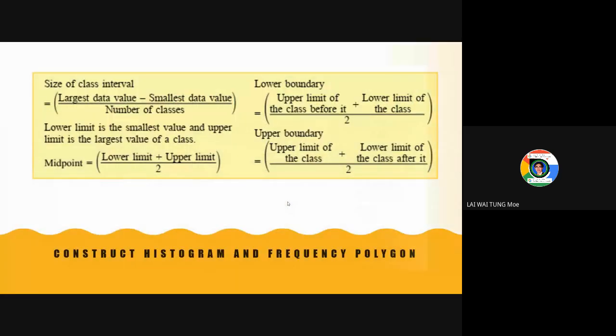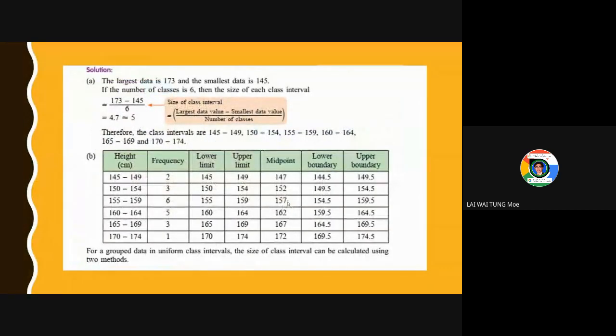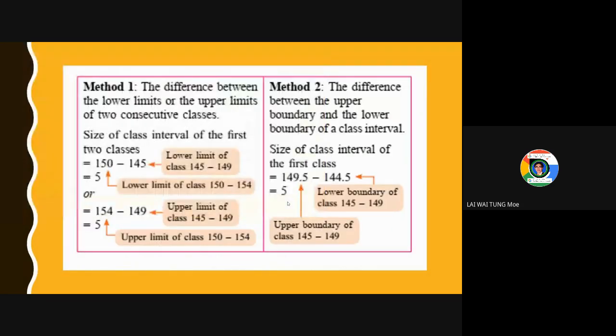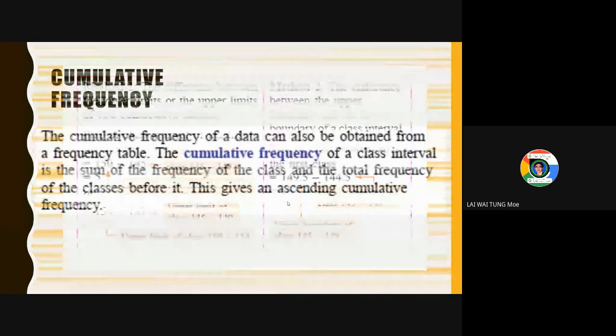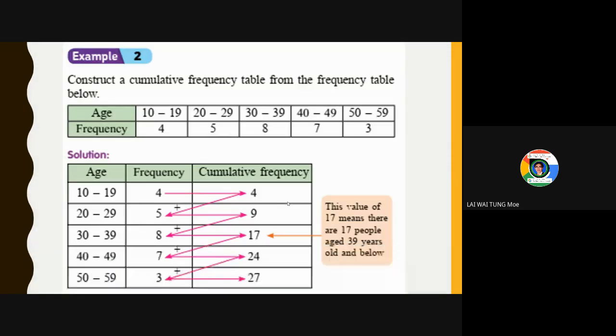So let's go through very fast about the first class. The first and second class where we already done all this: how to construct the frequency table, how to determine the cumulative frequency. This part is very important because when you want to construct the OGIF later, you need this cumulative frequency.